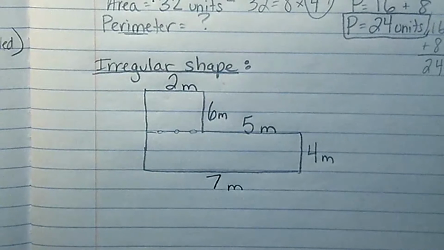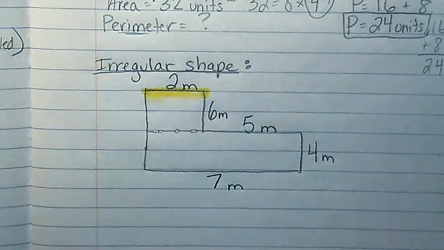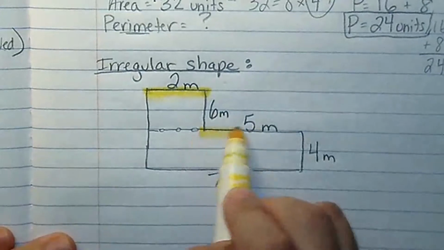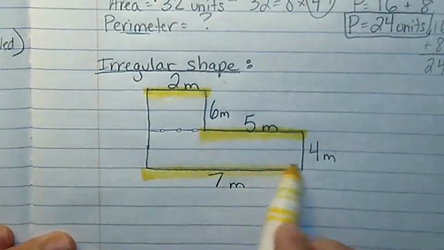I'm going to start by highlighting all of the lines that go the same direction. So look, this one goes sideways, also known as horizontal. This one goes sideways, and this one goes sideways.